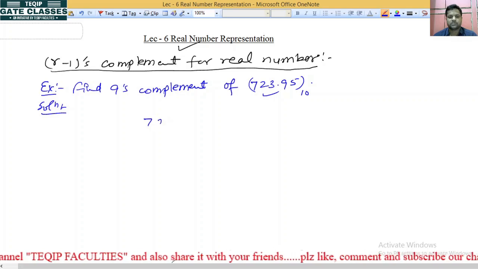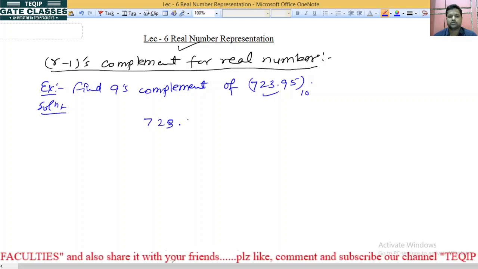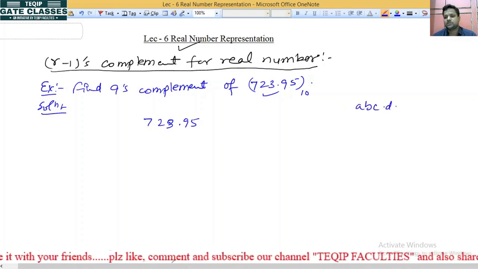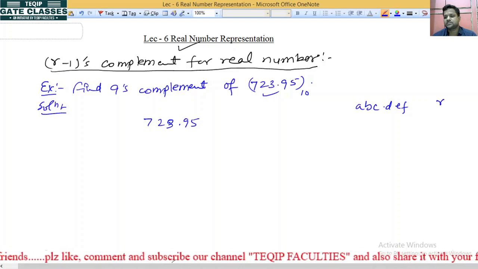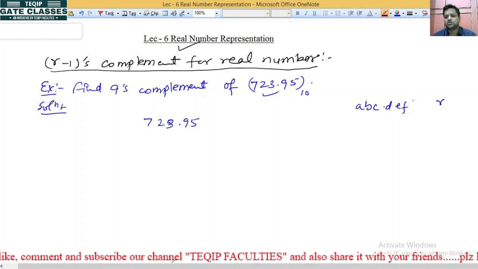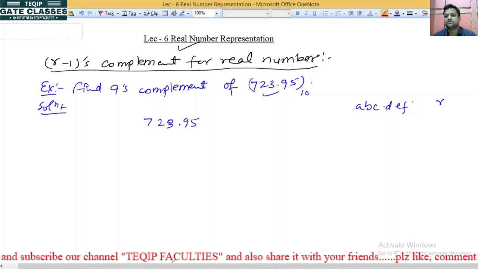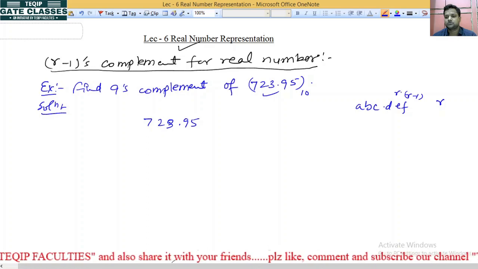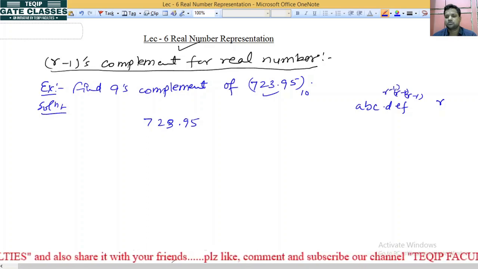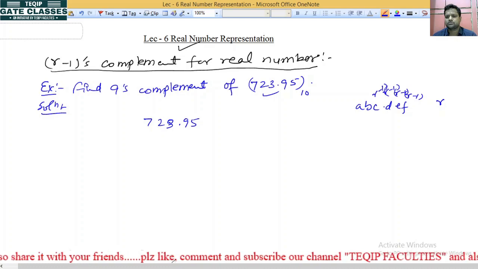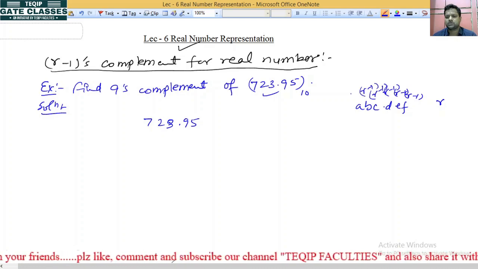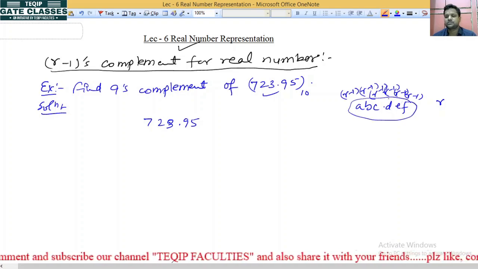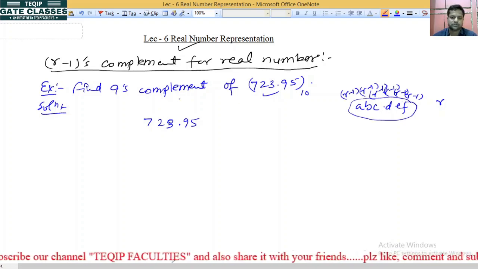Our number is 723.95 and we know that if we have a number whose radix is r, we will subtract each digit of this number from r minus 1.